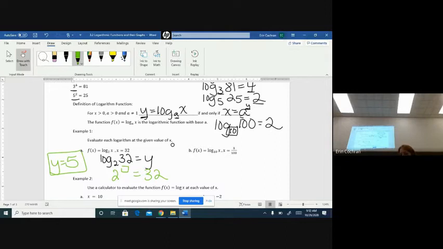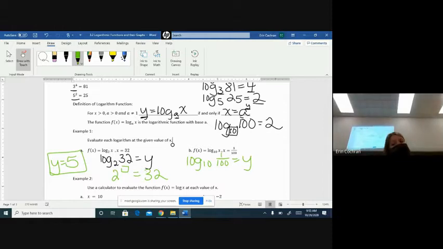Okay. All right. B, f of x equals log base 10 of x, and x is going to equal 1 over 100. Okay. So now in this case, we're looking for log base 10 of 1 over 100 is equal to what?